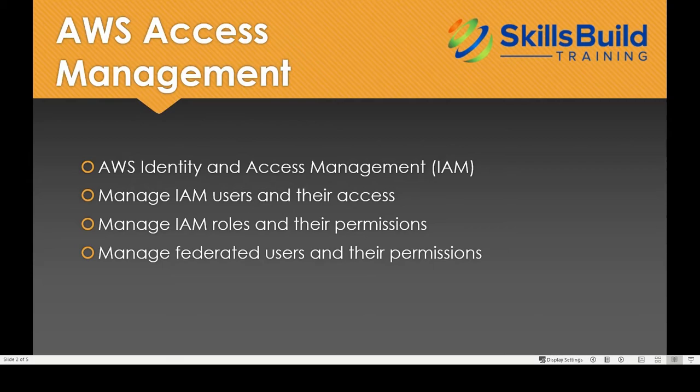Last one is manage federated users and their permissions. You can enable identity federation to allow existing identities, users, groups, or roles in your enterprise to access the AWS Management Console, call AWS APIs, and access resources without the need to create an IAM user for each identity.